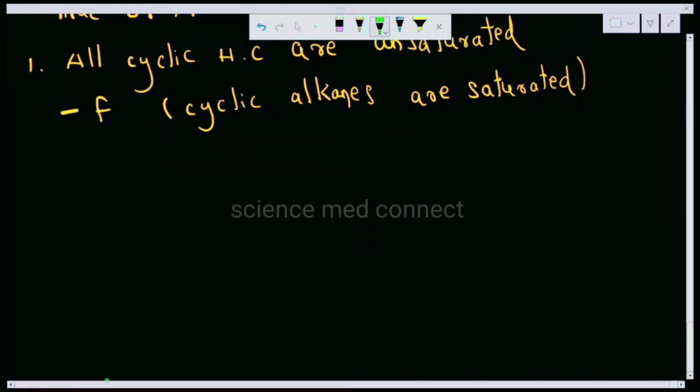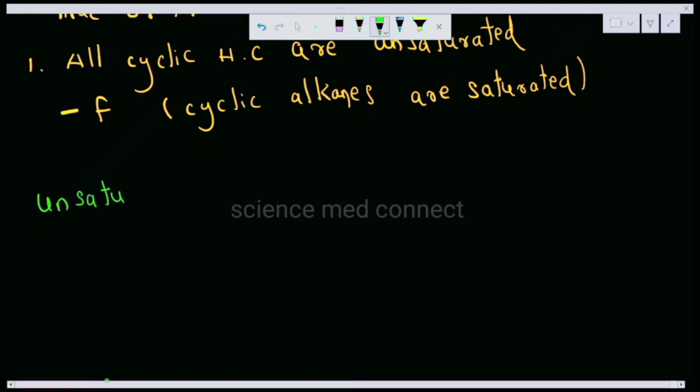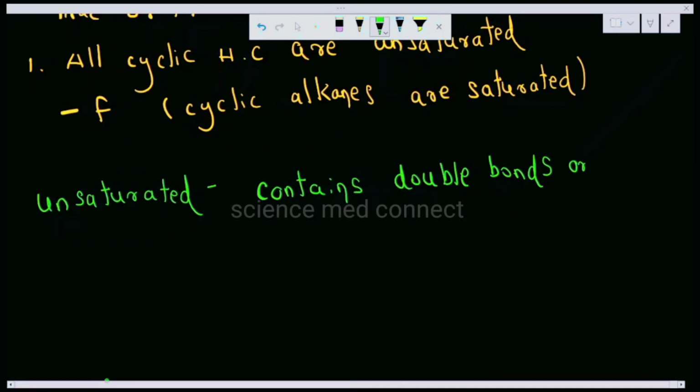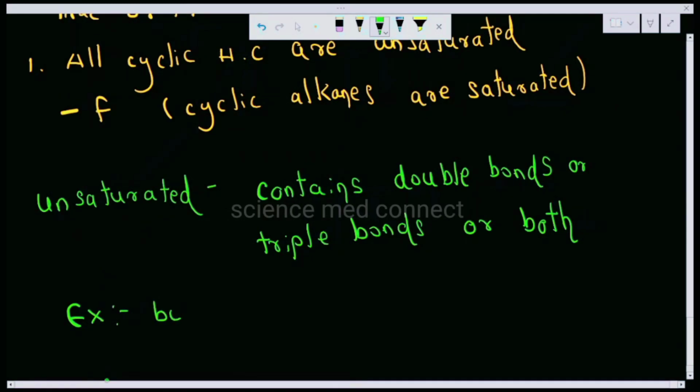So now let's talk about unsaturated hydrocarbons. What are unsaturated hydrocarbons? Unsaturated hydrocarbons contain double bonds or triple bonds or both double and triple bonds between carbon atoms. So let's write an example.